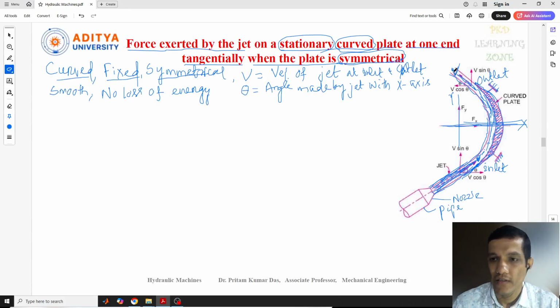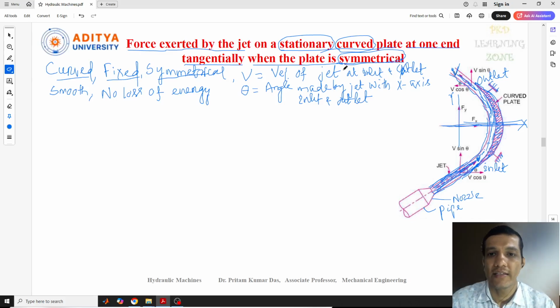If this is the same, then the plate is symmetrical. Then we can consider the angle made by the jet with the x-axis, so at inlet and outlet the same angle should be there. Then we can consider the plate is symmetrical. Another part will be unsymmetrical, where it will be different, that we'll discuss.